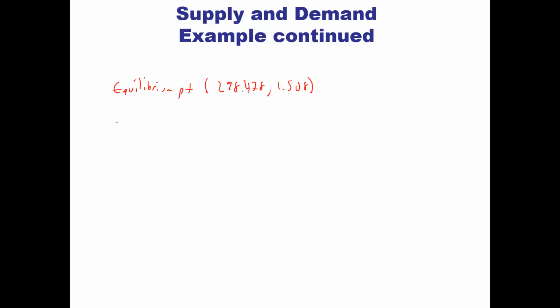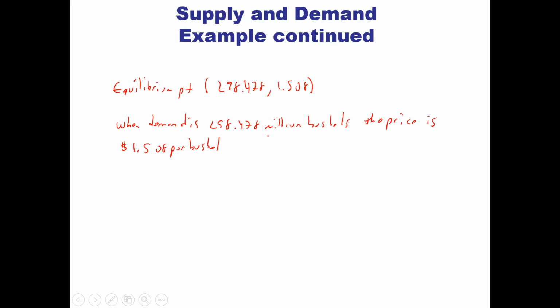When demand is 298.478, and that was million bushels, the price is, and this is going to be $1.508 per bushel.